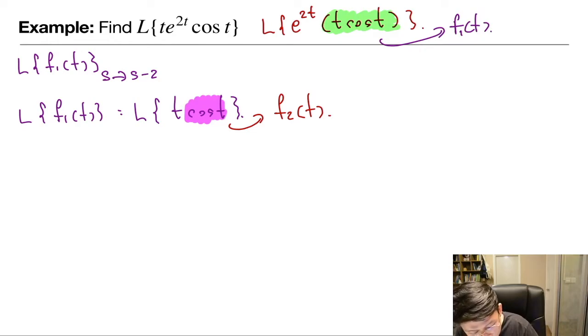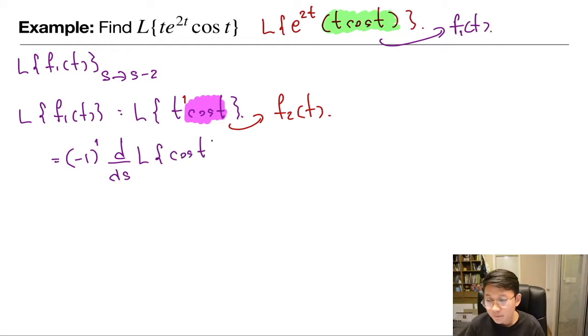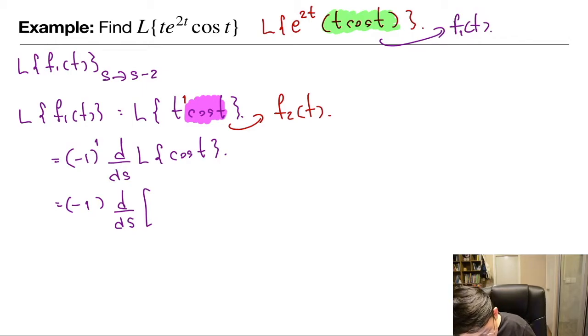So it would be minus 1 to the power of 1 d by ds of the Laplace transform of cos t. And that would be minus 1 d by ds of, if you remember, the Laplace transform of cos t, which is s divided by s squared plus 1.